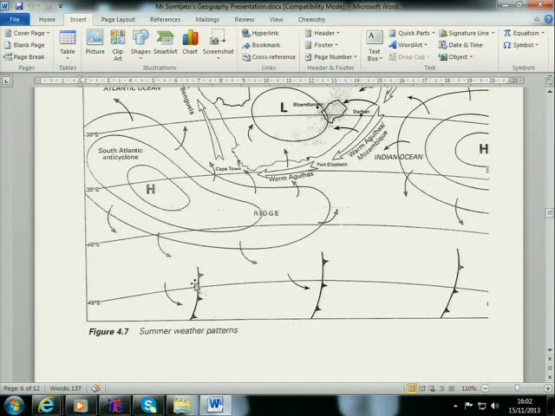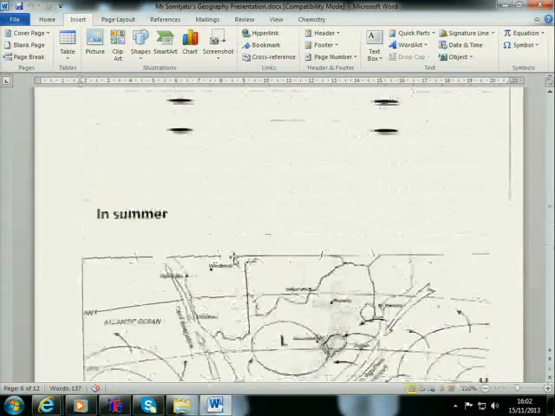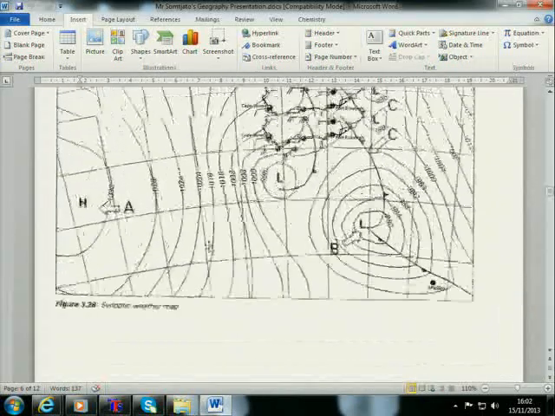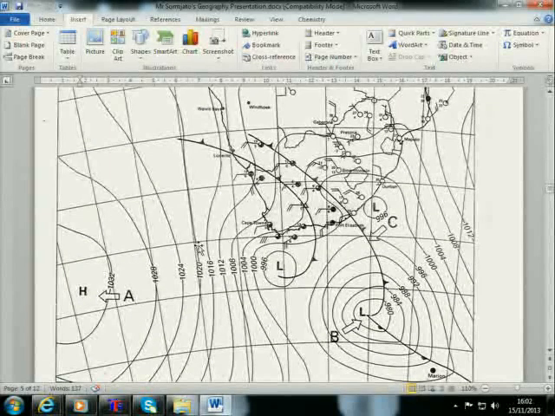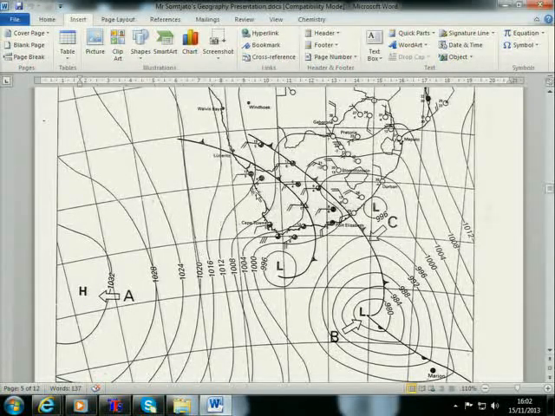That is why we are not affected by the cold front in summer. Now, in winter, all the systems are shifted towards the north. That is why we have the cold front passing over the land.